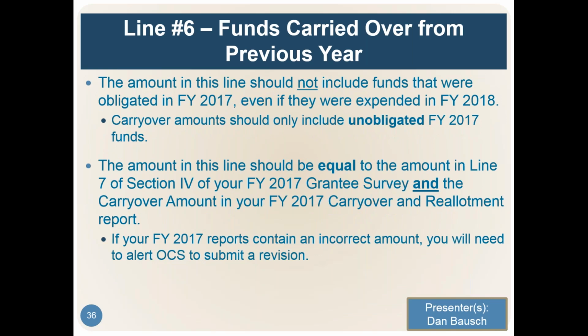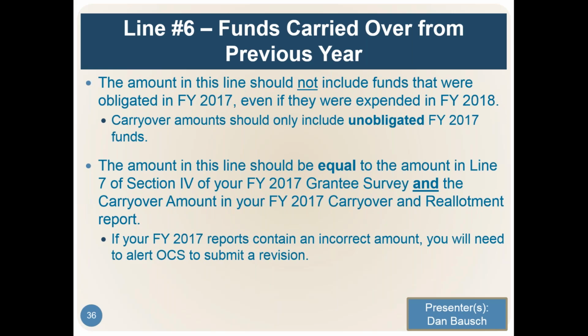Okay, so the amount in line 6 should not include funds that were obligated in fiscal year 2017. So you would not be reporting any funds that were expended in 2018 but were still obligated in 2017. This should just be funds that were not obligated in fiscal year 2017 and were carried over to the next year.